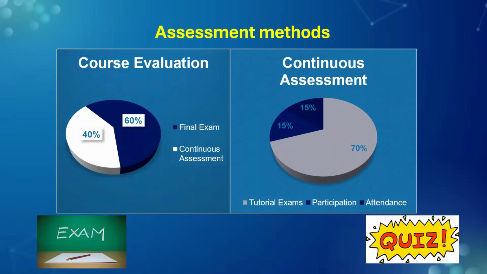In the second pie chart, you can see that 70% of the continuous assessment comes from tutorial exams, 15% comes from your attendance, and the remaining 15% is based on your participation.